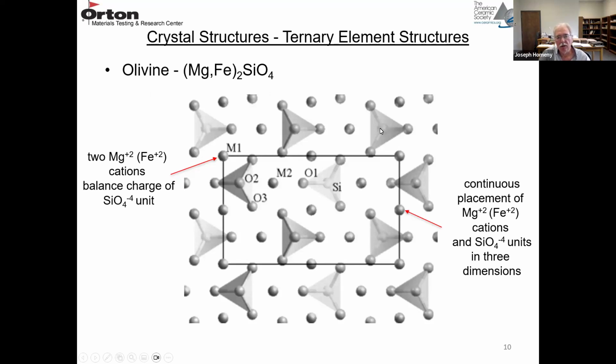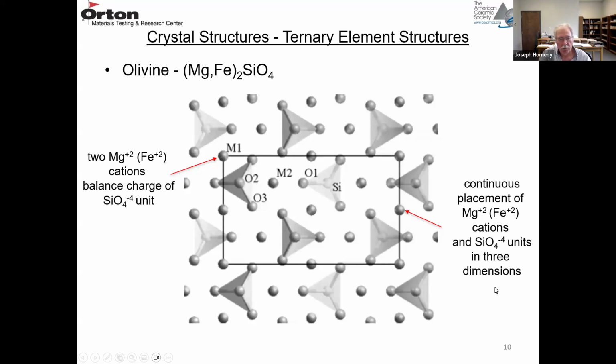They form a tetrahedron, and then you have two Mg+2 or Fe+2 cations that are balancing the charge of this SiO4 minus unit. So there's 4 oxygens here, and in the center of this tetrahedron is an Si ion, SiO4 has a -4 charge, and then the cations Mg+2 and Fe+2 balance the charge.